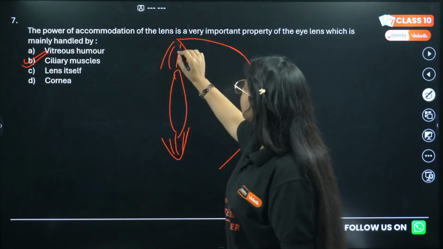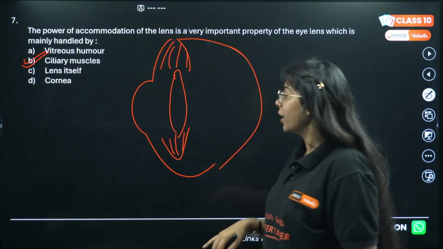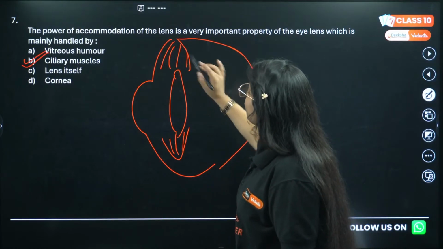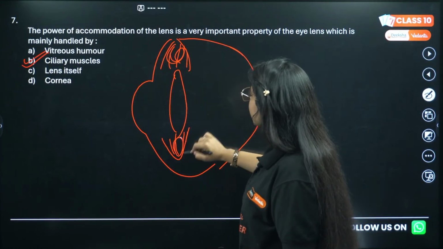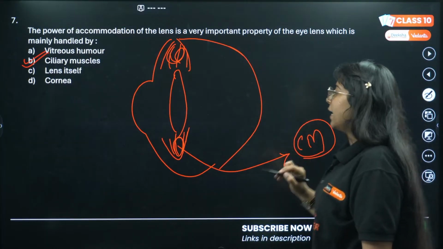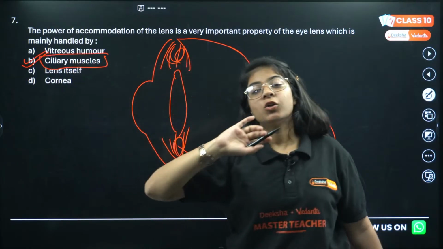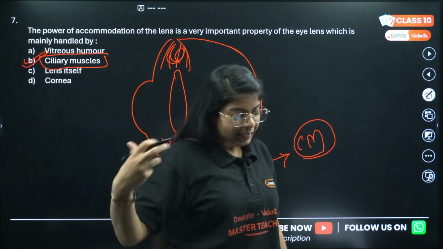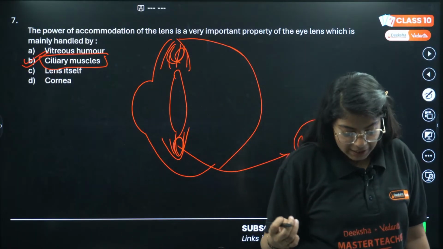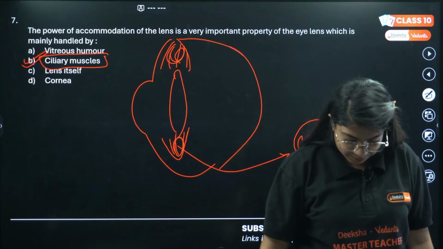That's a very bad diagram, you practice it at home, okay? These ciliary muscles are an important part of the eye which is responsible to hold the eye lens, to increase or decrease the focal length of my eye lens, which is called the power of accommodation of the eye. Correct?